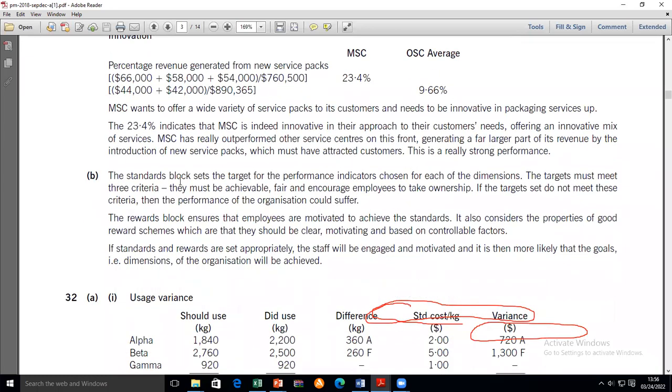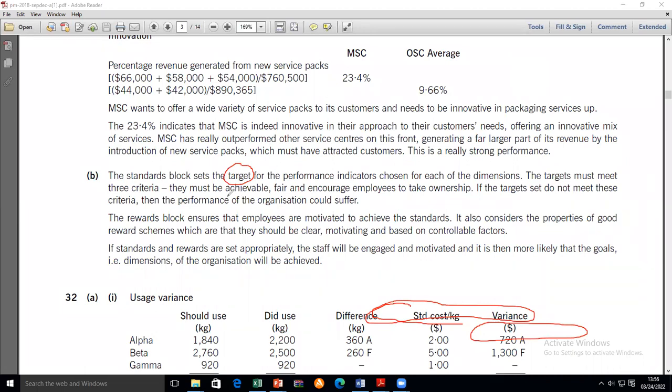The standards block sets the target for the performance indicators chosen for each dimension. For each one of the 6 dimensions, we must set a target. And these targets should not just be set anyhow.